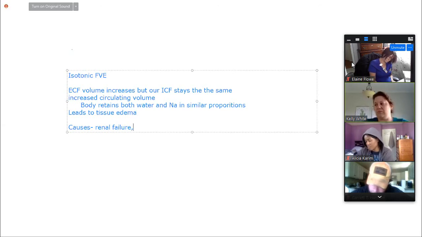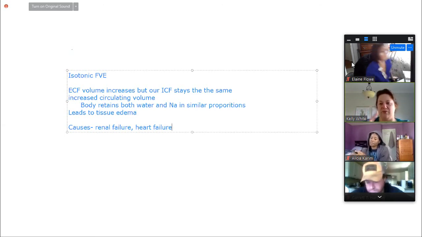You're going to see it in heart failure. Your blood's just kind of hanging out there in your heart and your tissues, and your blood's not being pumped around like it should be. So it's just kind of all sitting there and causing excess fluid.